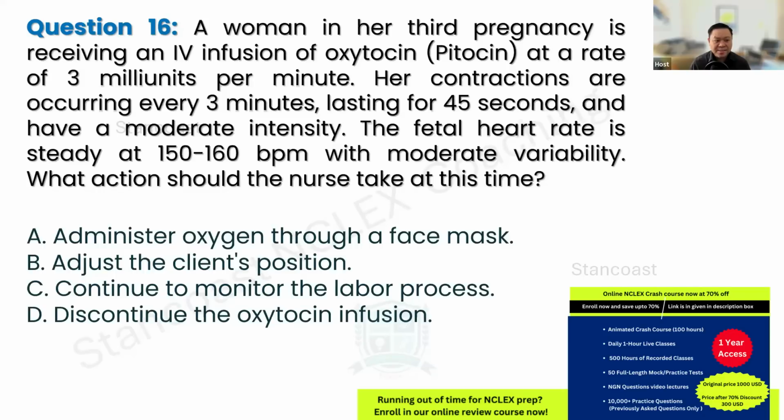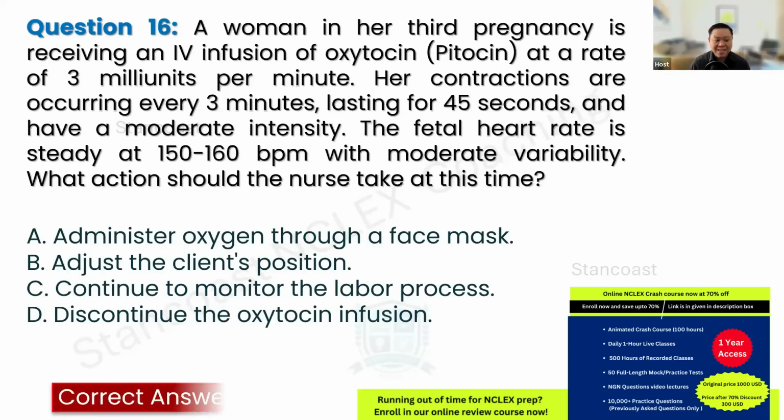The fetal heart rate is steady at 150 to 160 beats per minute with moderate variability. What action should the nurse take at this time? A, administer oxygen through a face mask. B, adjust the client's position. C, continue to monitor the labor process. D, discontinue the oxytocin infusion.